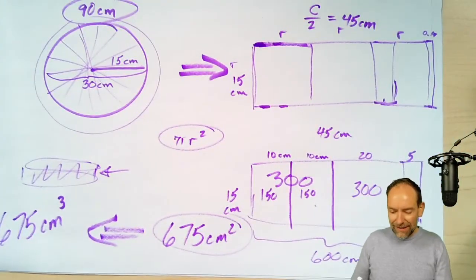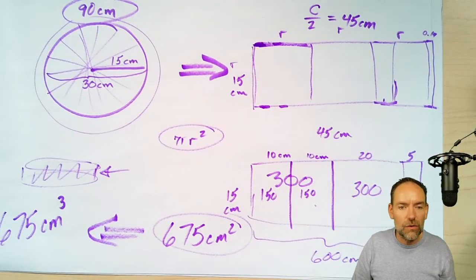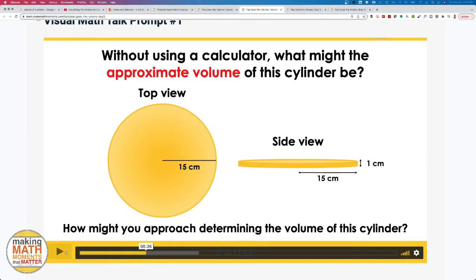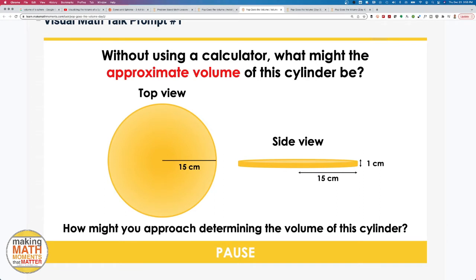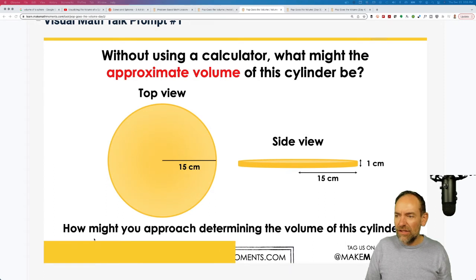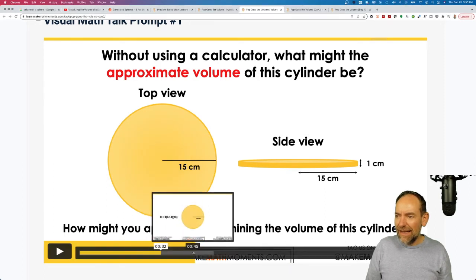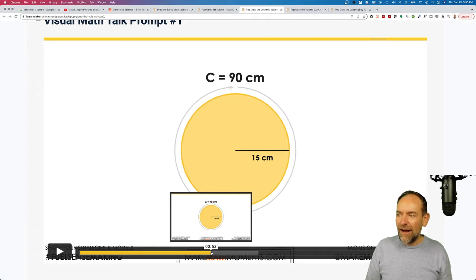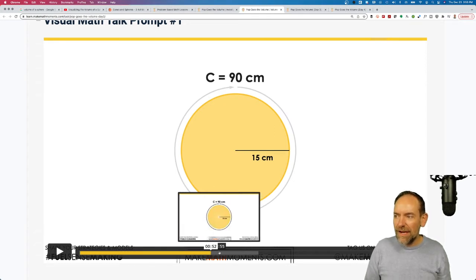And what we're trying to get them to see, I'm just going to flip back here to our video, and I'll zoom through this a little bit so you can see, is, once again, to not just apply this formula, but to get a sense of how circumference works.